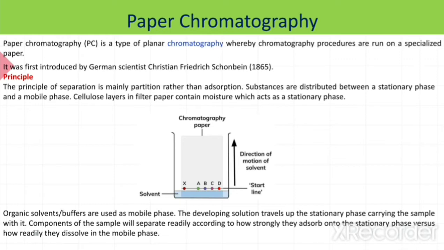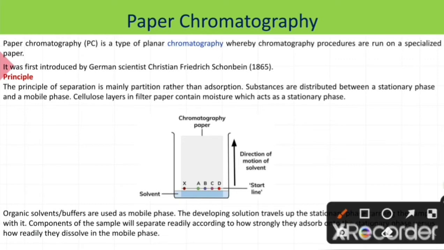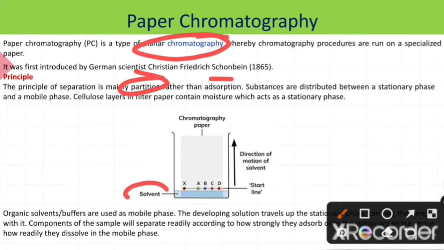So overall, paper chromatography is a very important technique. It is a planar chromatography which is used to separate molecules based on partition, not on adsorption. In paper chromatography, mainly two phases are used, the stationary phase and the mobile phase. Here the mobile phase is the solvent and the stationary phase is the paper.